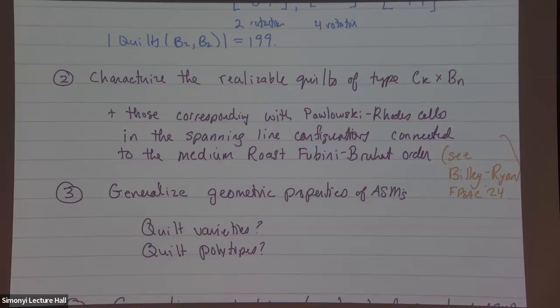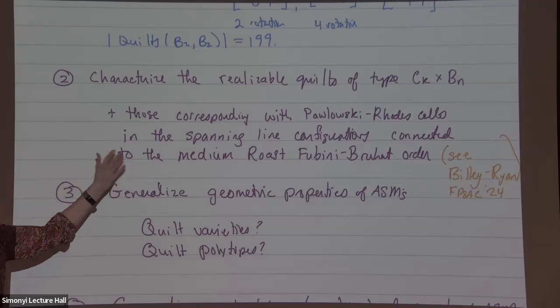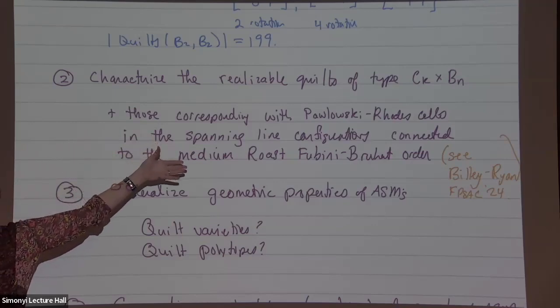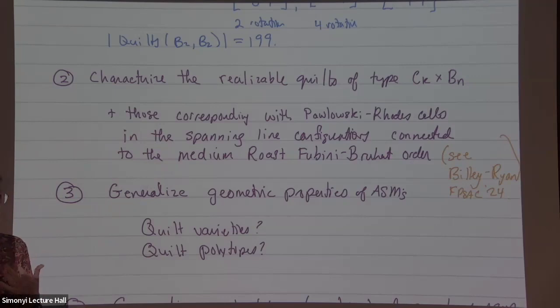They're closely related to these Pawlowski-Rhodes cells in the span-long configurations. And the medium Roche-Fubini-Bruja order can be described in terms of these functions. Exactly, the relationship between them is from the quilt lattice. So when do those kinds of functions come from K by N matrices that are full rank and have no zero columns? Those would be the special ones that go with this.